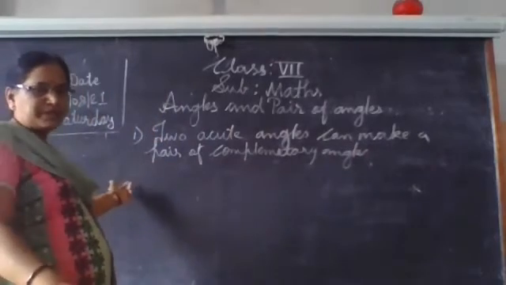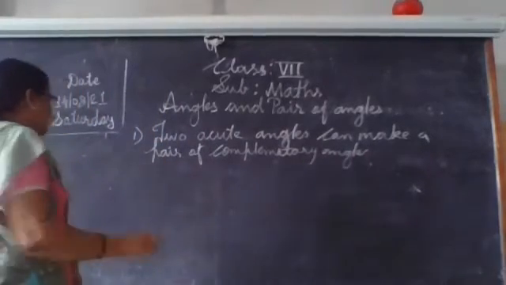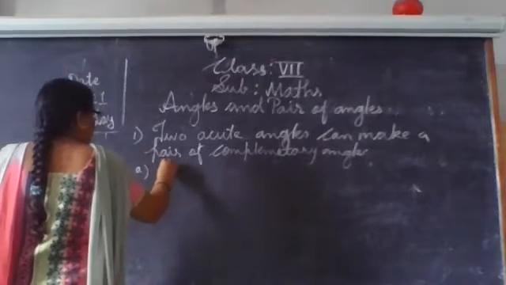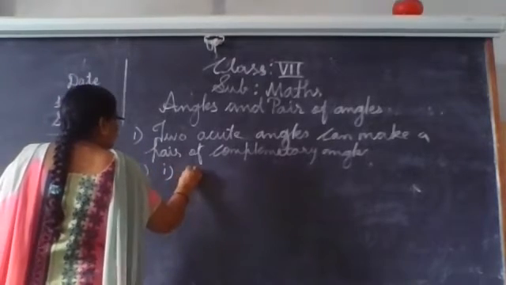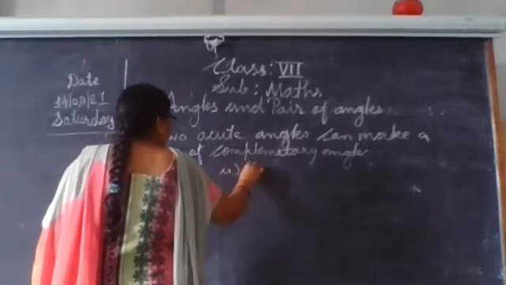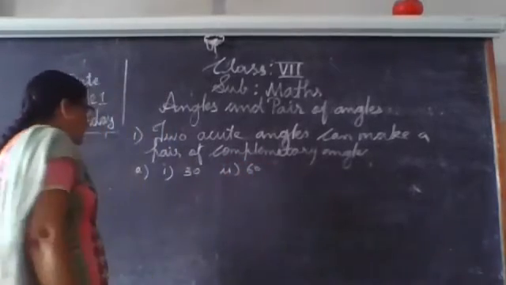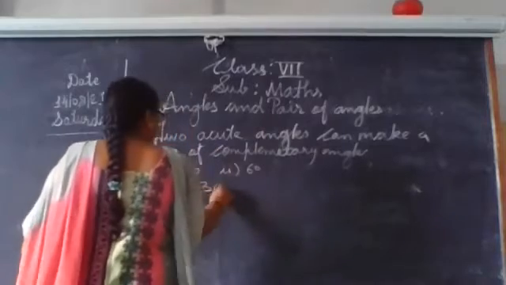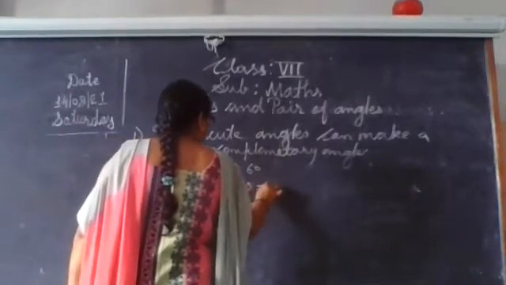You have to explain it with an example. If one angle is 30 degrees and another angle is 60 degrees, okay, so 30 plus 60 is 90.